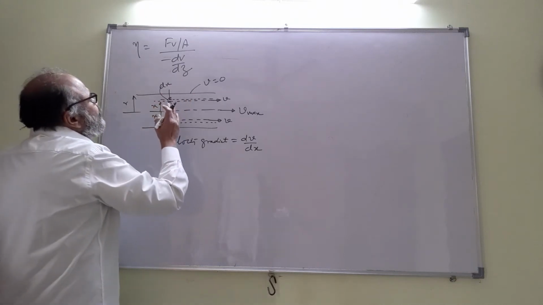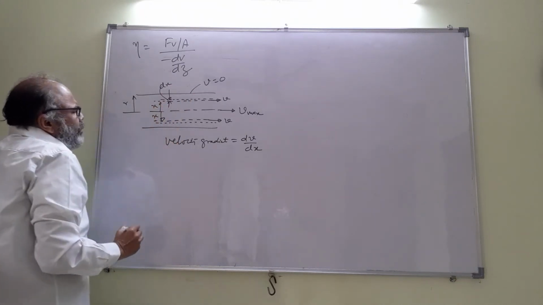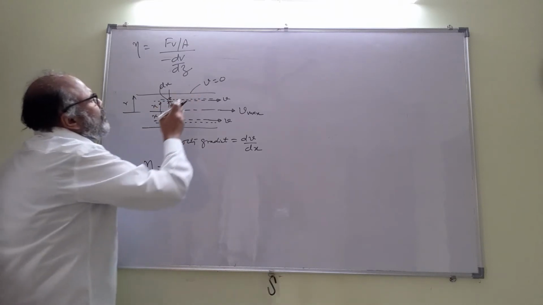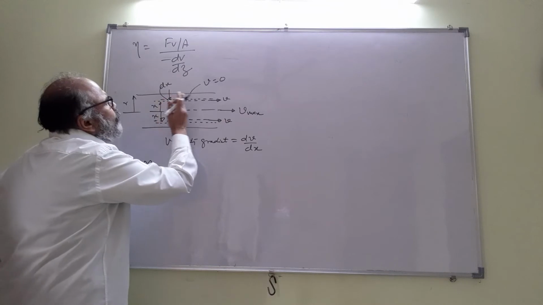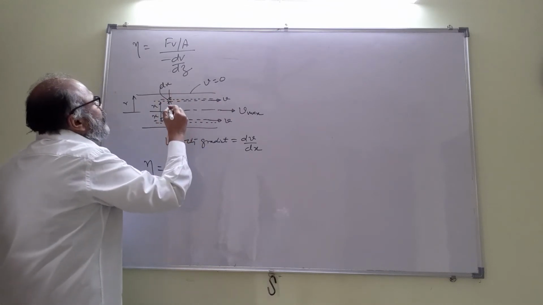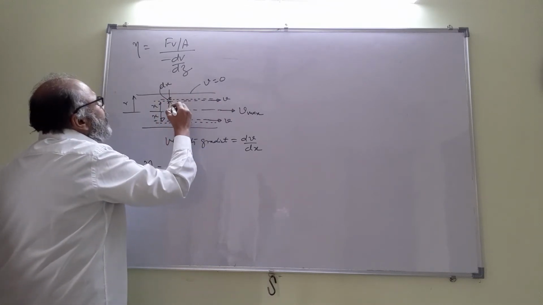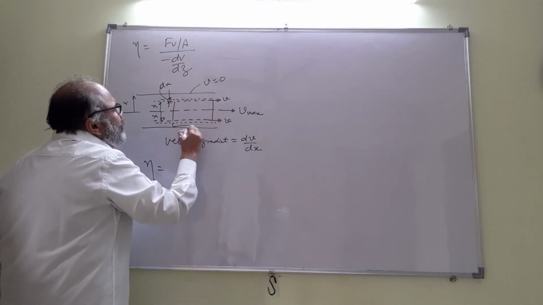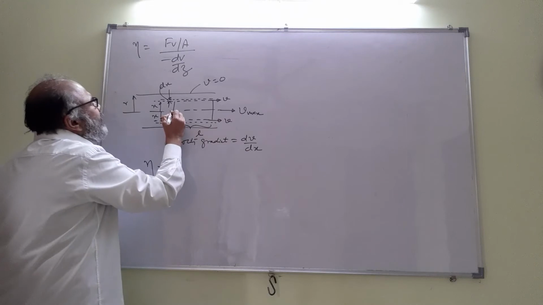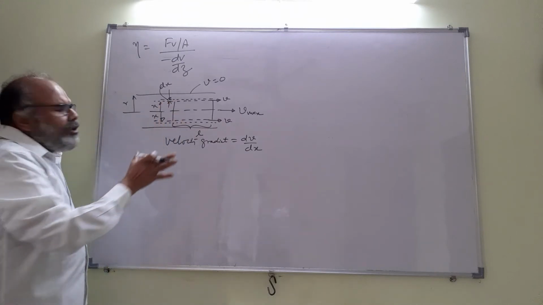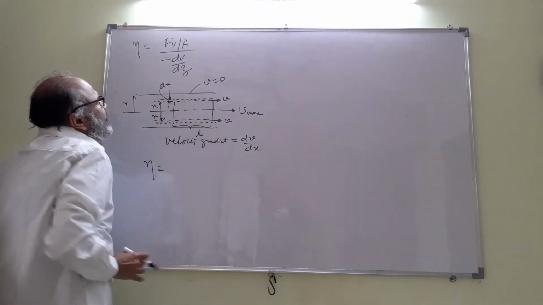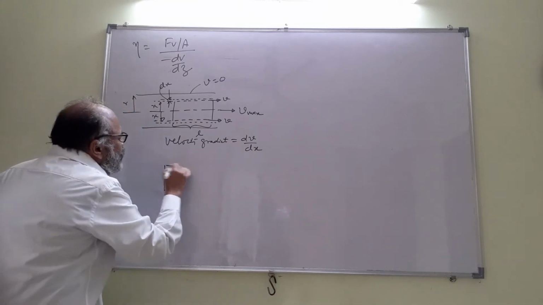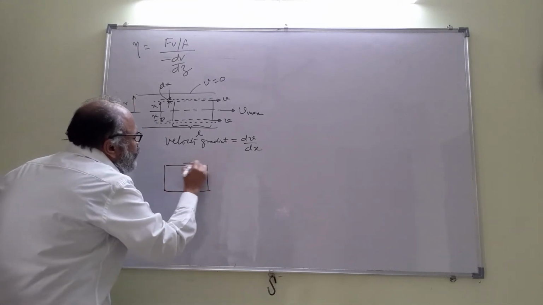So now let us see how we can define this coefficient of viscosity. Now the liquid is flowing this way. Let us consider a cylinder of length L and radius x. On this cylinder, there will be a viscous force.